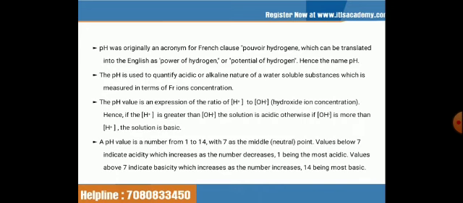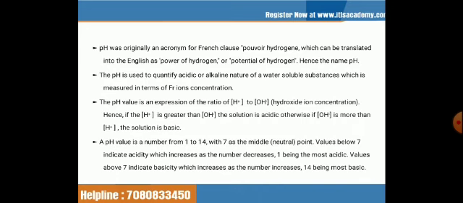A pH value is a number from 1 to 14 with 7 in between as the middle point, which is denoted as the neutral point of the pH. Values below 7 indicate acidity, which increases as the number decreases, with the value of 1 being the most acidic in nature.